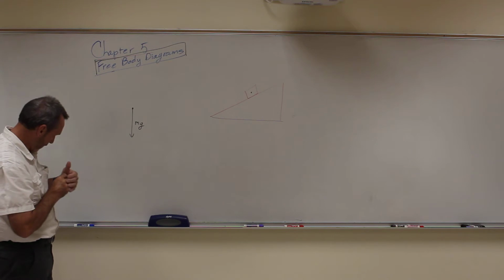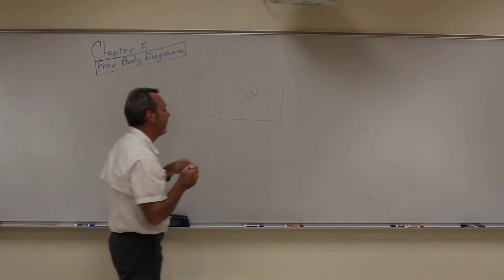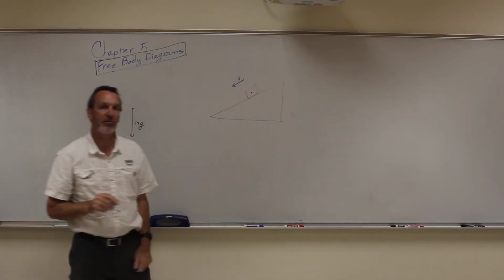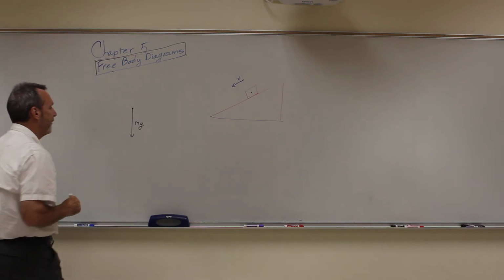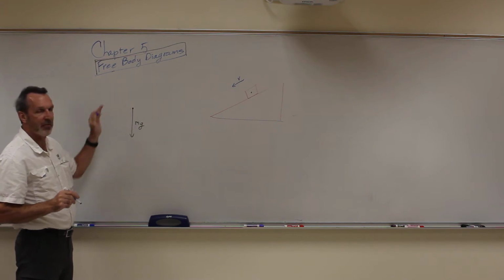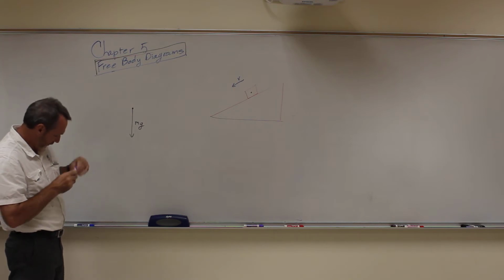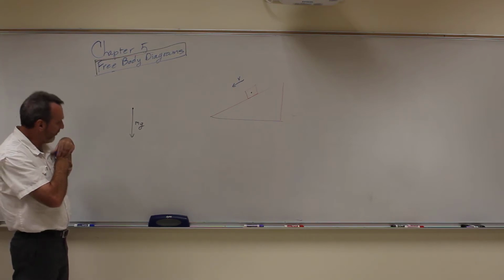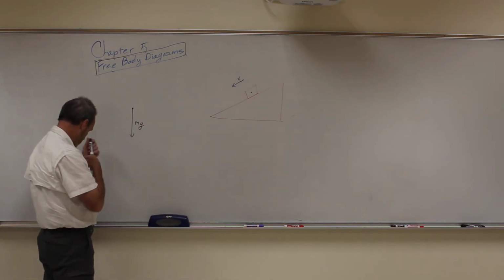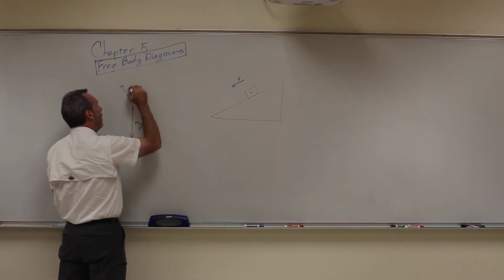And then I say, what other forces are acting on that block? Well, I have to know more about the situation. Let's say the block is sliding down this inclined plane at a constant velocity v. Okay? Remember, velocity doesn't go on this. So the only thing that goes in your free body diagram is forces. So you don't put velocity over here. But that tells me something right there. Is that, first of all, coming from the surface, right here, there has to be a force coming from the inclined plane, which we call our normal force.